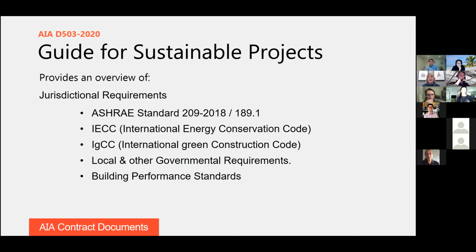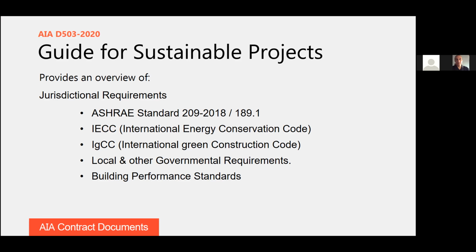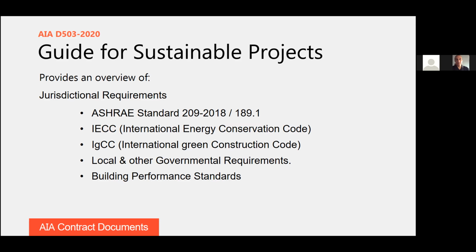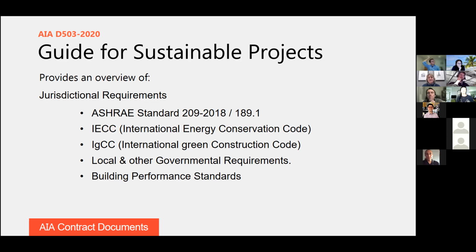That's where we were able to introduce ASHRAE Standard 209 and show other architects how these standards and jurisdictional requirements can tie into the sustainable goals for a project, whether you're doing LEED or Green Globes or whatever certification system you're looking at, and how to define it in the contracts phase of the project.